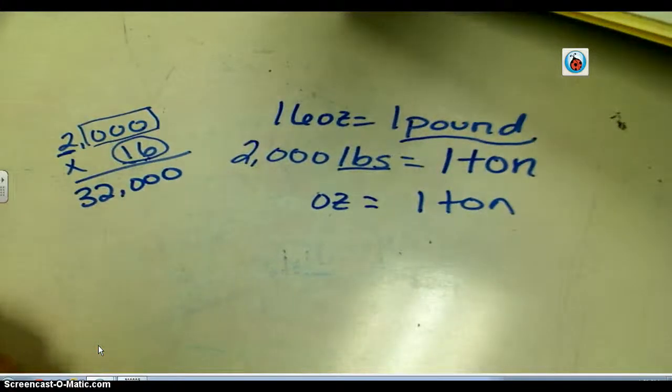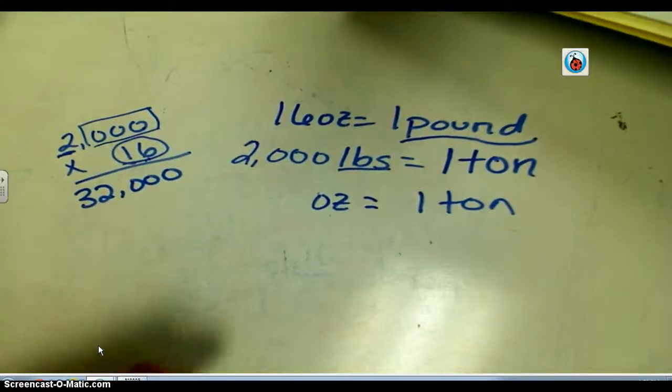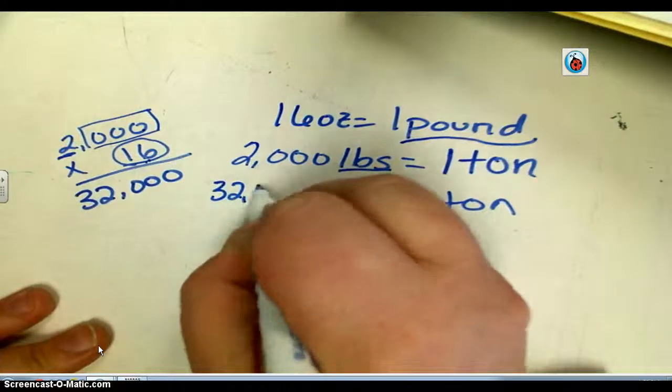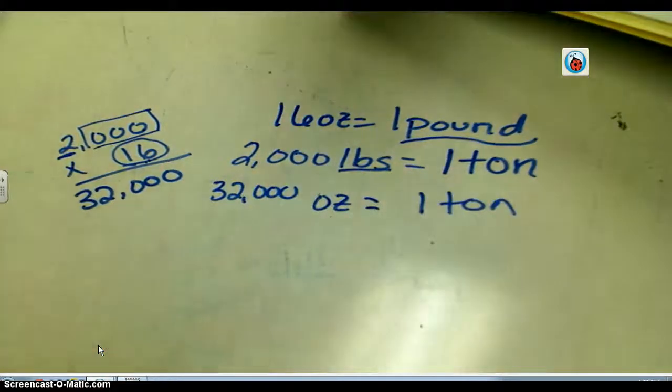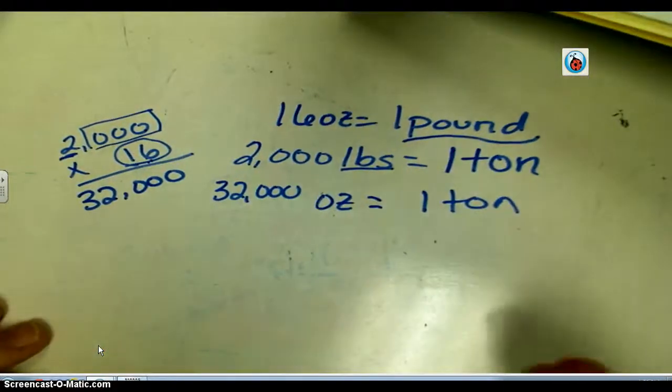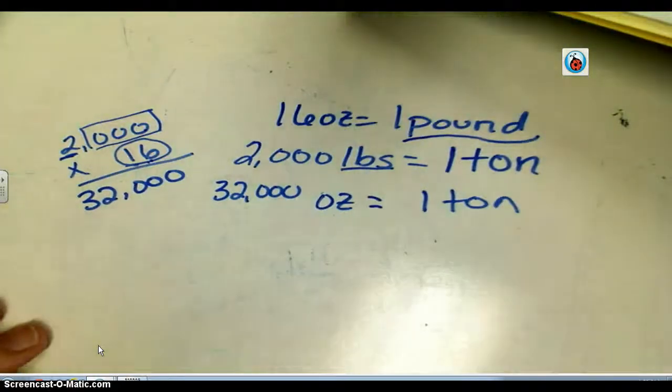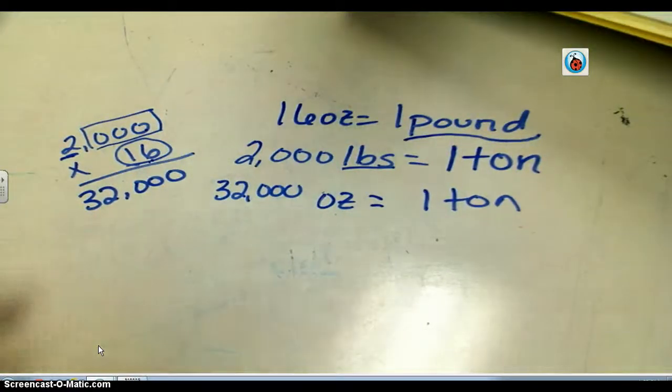So, there are 32,000 ounces in 1 ton. That's quite a bit. 32,000 ounces makes 1 ton. 16 ounces makes 1 pound. At least somebody was with me. 2,000 pounds makes 1 ton.